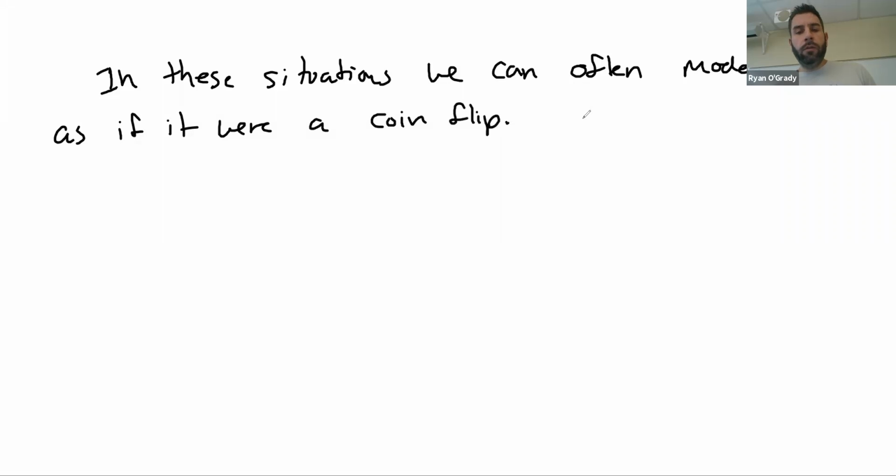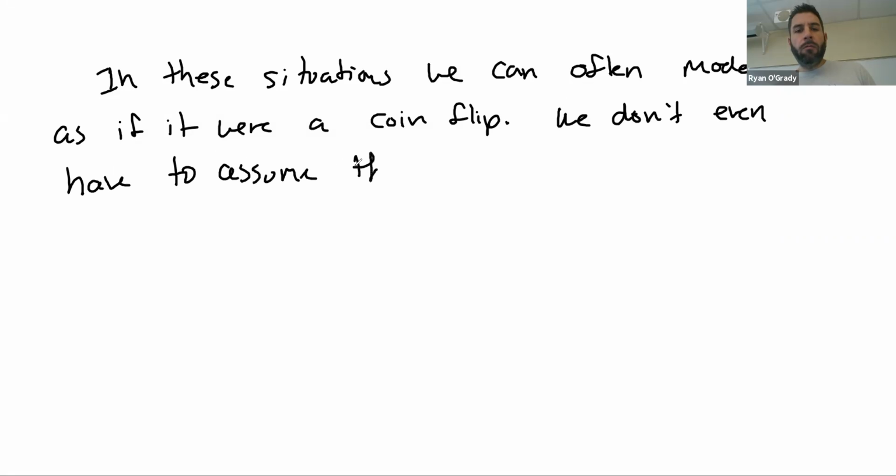And what's even more useful is we don't even have to assume it's fair. That is, maybe heads is 3 times as likely as tails.